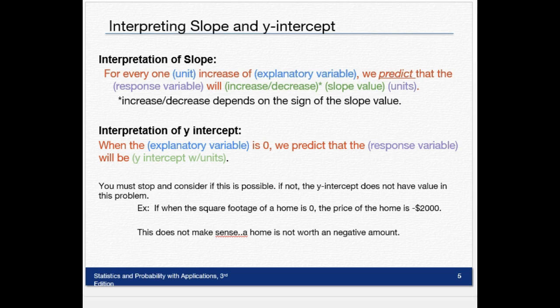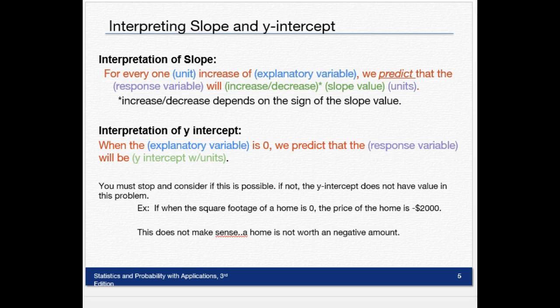Interpretation of slope. For every 1 unit increase of the explanatory variable, we predict that, and then you plug in what the response variable is, then you choose increase or decrease based on the sign of the slope, and then the slope value and the appropriate units.